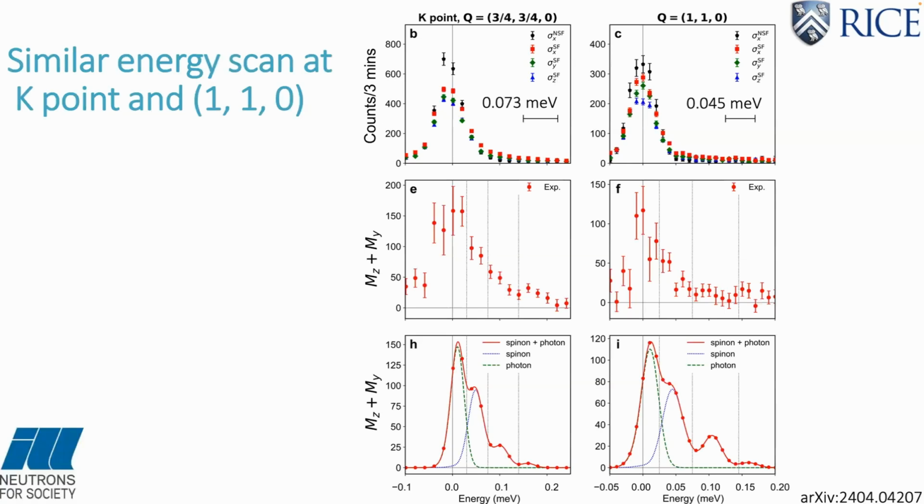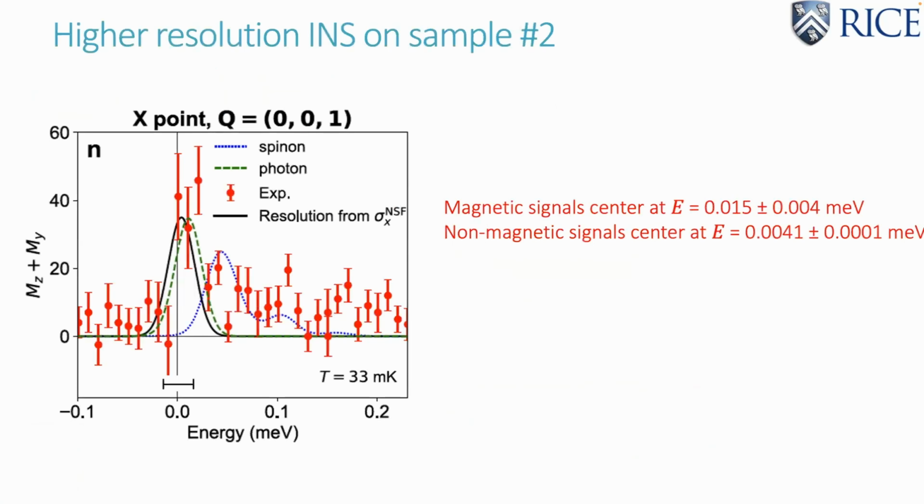Okay. So we performed similar scans at the other wave vectors. They have similar results. Okay, I will quickly wrap up. We also did another experiment on a different sample, using a higher resolution, because the reviewer criticized that the signal is purely elastic.